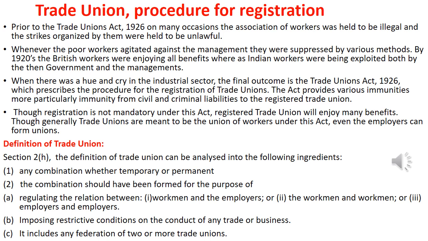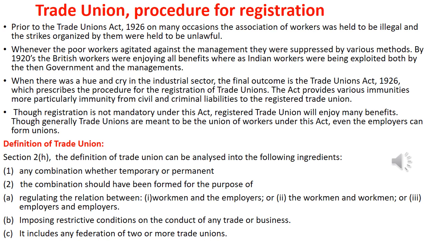Under Section 2 clause (h) of the Trade Unions Act 1926, a trade union is any combination, whether temporary or permanent. And the combination should have been formed for some purpose, right? It is formed for the purpose of regulating the relations between workmen and employers, and also for imposing restrictive conditions on the conduct of any trade or business, and it includes any federation of two or more trade unions also.